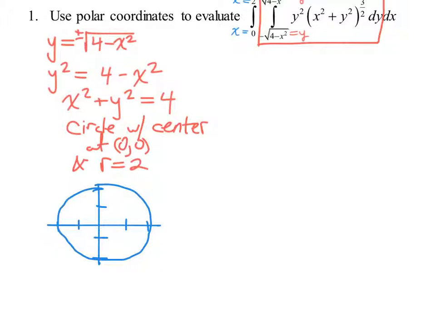All right. So in terms of y, it's telling me that I'm living between negative the square root of 4 minus x squared, which is the bottom part of the circle. So this guy over here is the negative square root of 4 minus x squared.